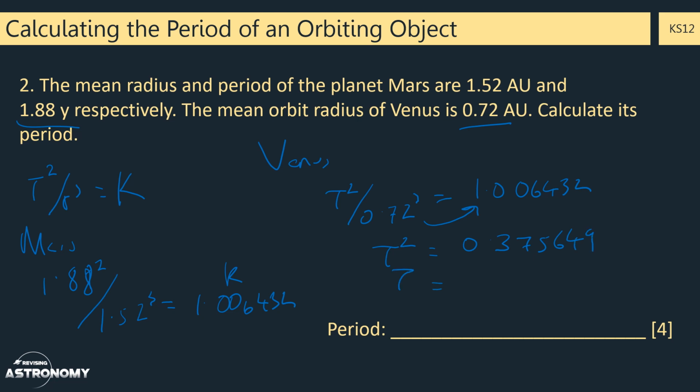To get T, we need to square root that, and that gives us 0.612902. To give it a sensible answer, it's around 0.61 years.